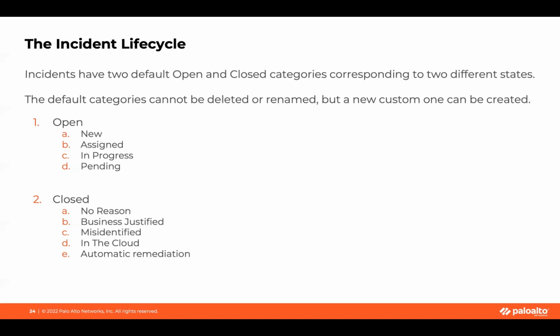In cases when an asset changes and the policy violation no longer exists because of the change, SaaS Security API closes the incidents and changes the state to in the cloud. The in the cloud state cannot be assigned manually when a user closes an incident or wants to change the state of an incident.